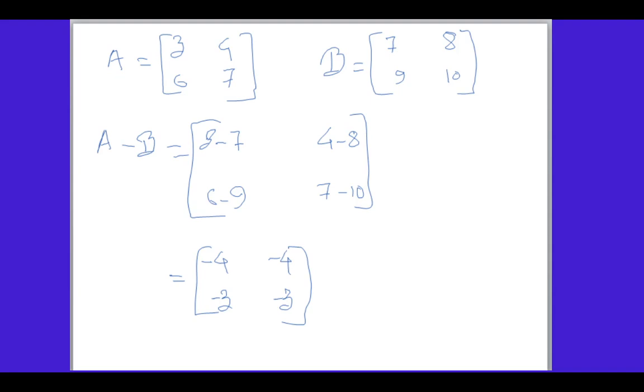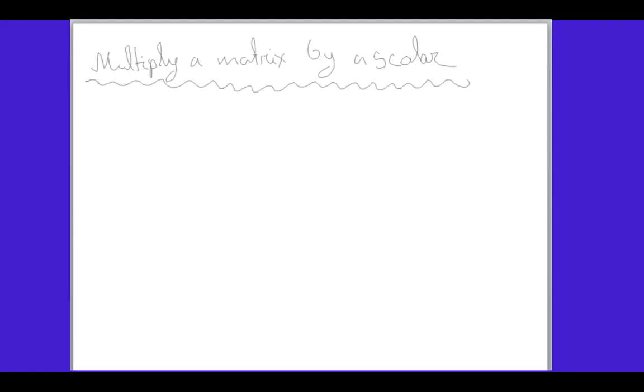Next we are going to discuss multiplication of a matrix by a scalar. Scalar means a number; we can multiply a matrix with any number.